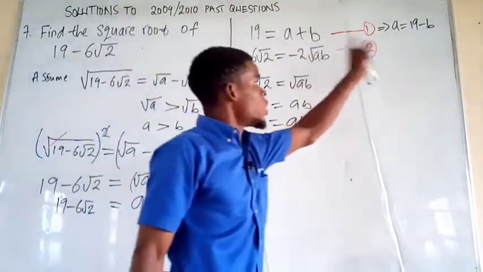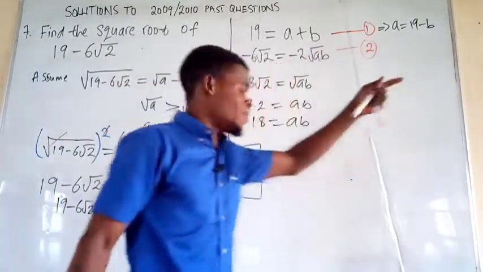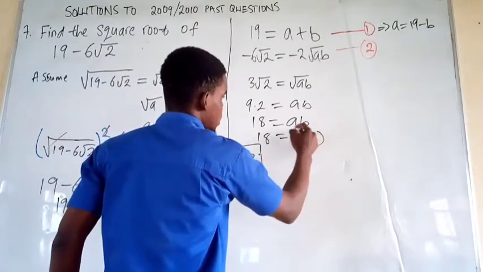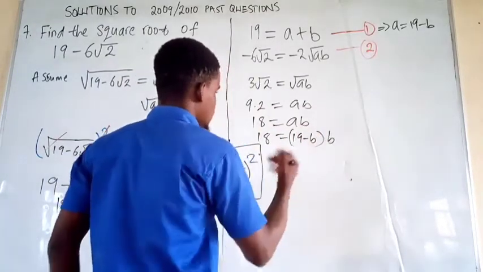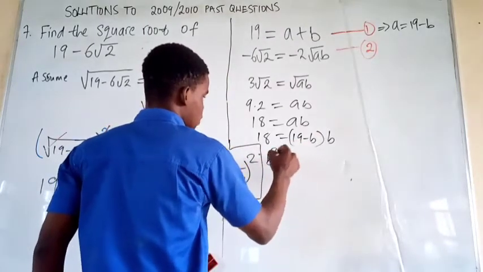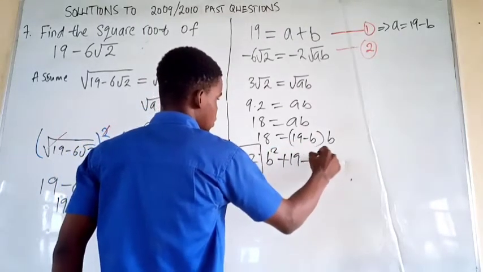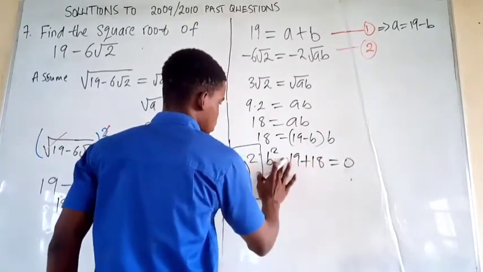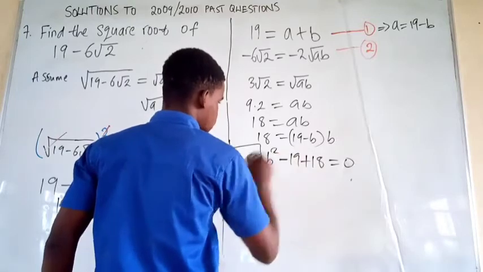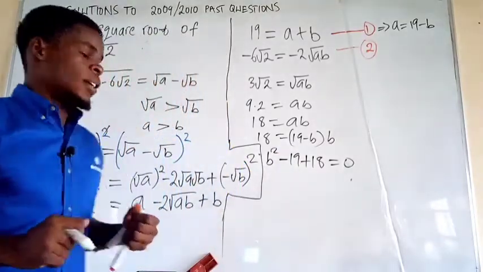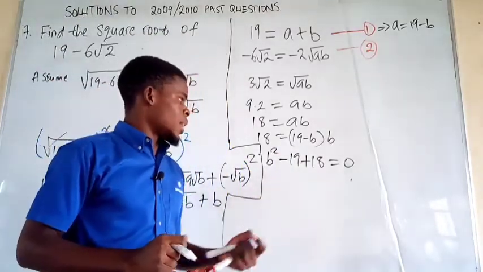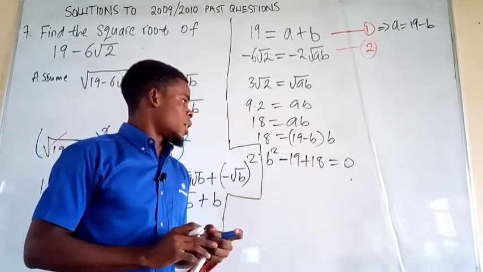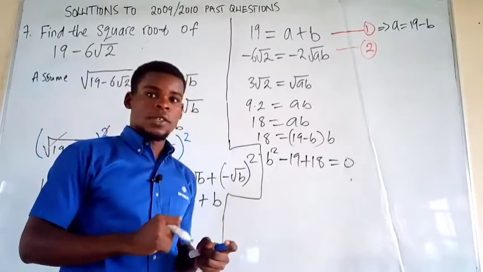So from equation 1, we had that a is equal to 19 minus b. Let's just solve that real quick. We're going to have 19 minus b, times b. By solving this further, we're going to see that b squared minus 19b plus 18 equals 0. From there, we can go ahead and solve for the two values of b, because this has led us to a quadratic equation.